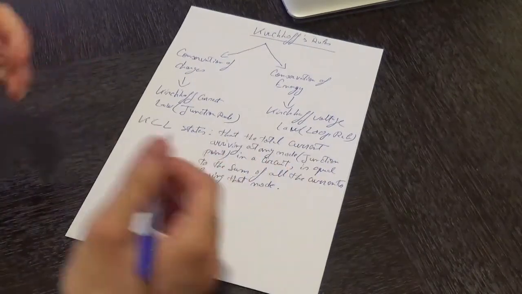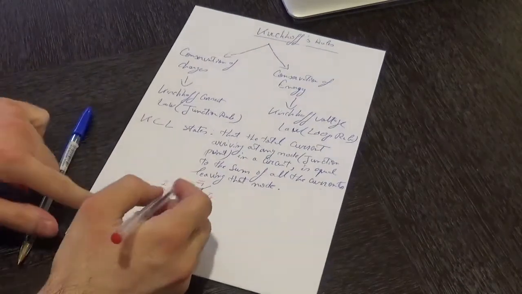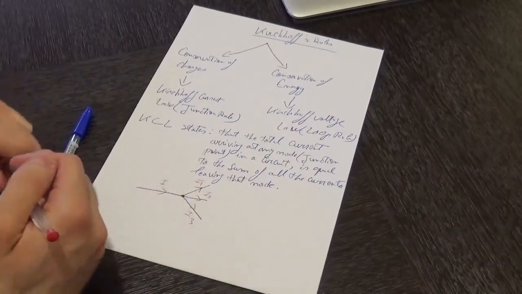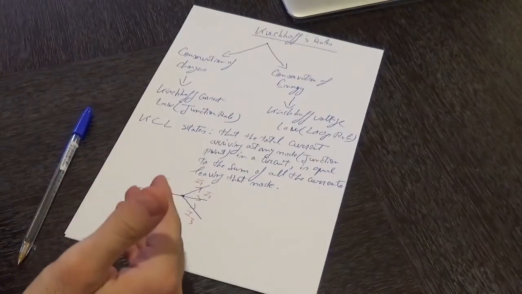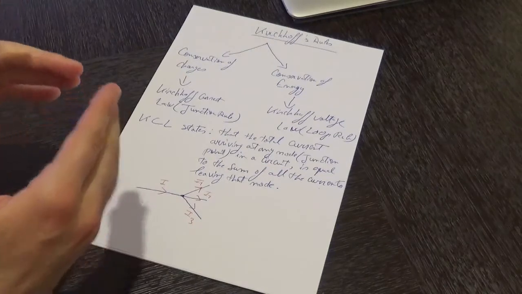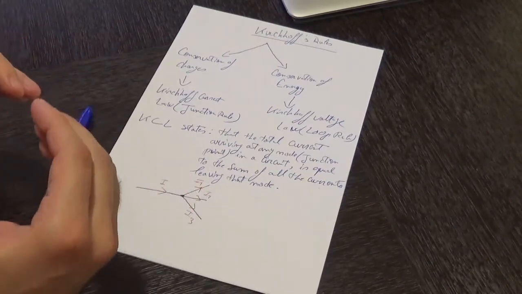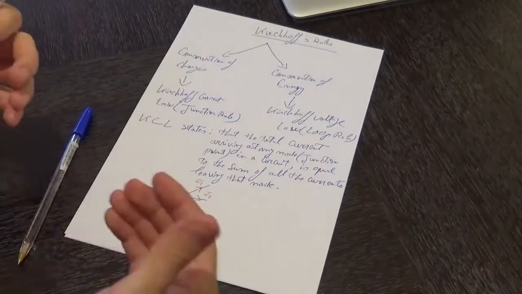Now over here we define something called a node or a junction point. So what's a node or a junction point? At that point we have an intersection of two or more electrical wires. Whenever you have a point at which you have an intersection of two or more electrical wires, we refer to that point as a node or a junction point.